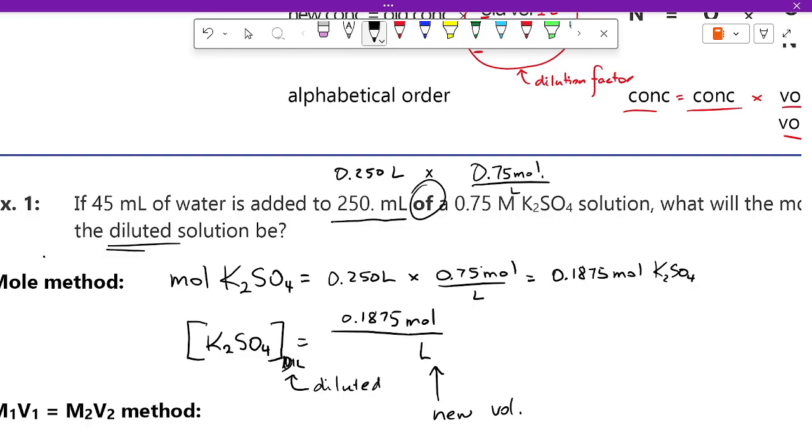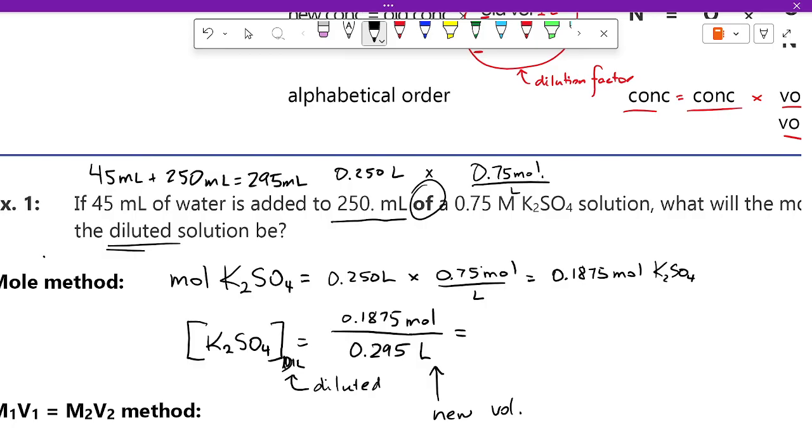What is our new volume? 0.295 liters, because we have 45 mils plus 250 mils is 295 milliliters, and so that's going to be, whoops, why am I multiplying? I don't want to multiply. 0.295 liters.